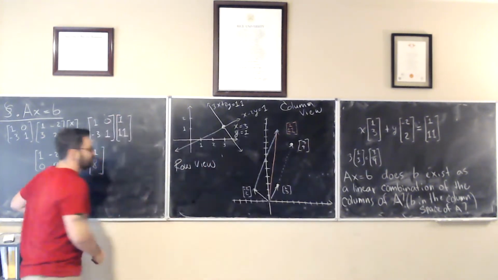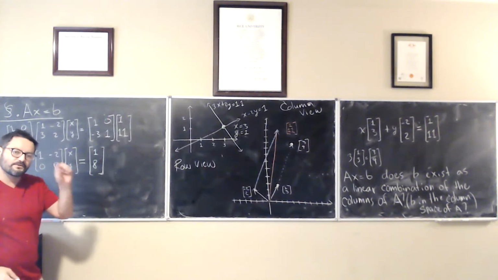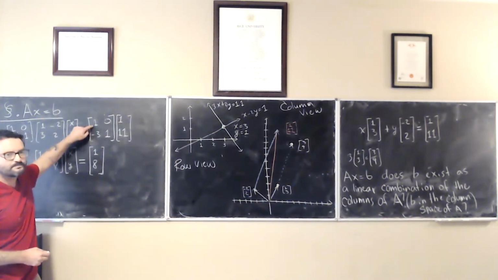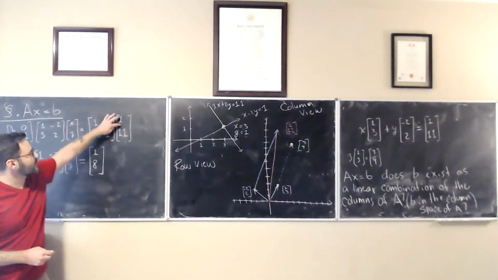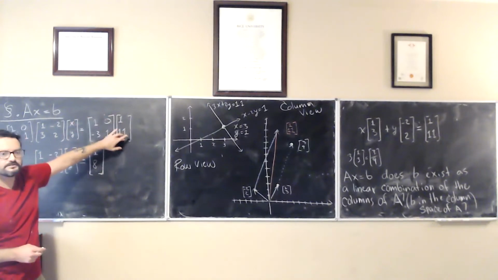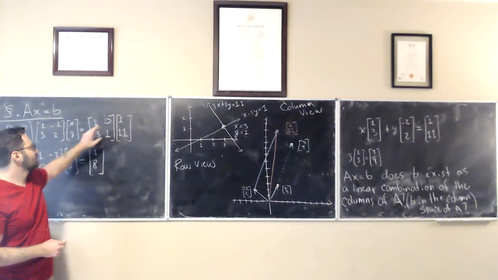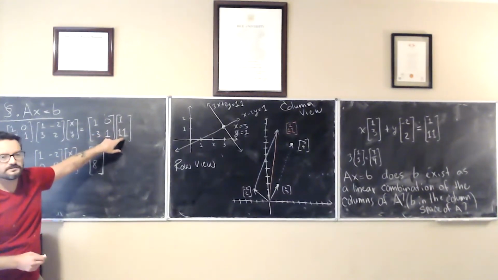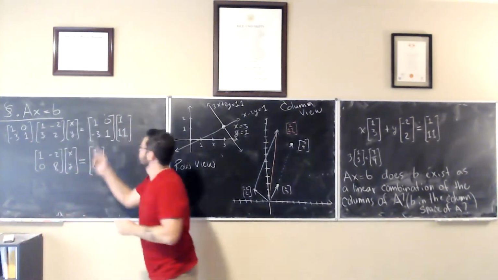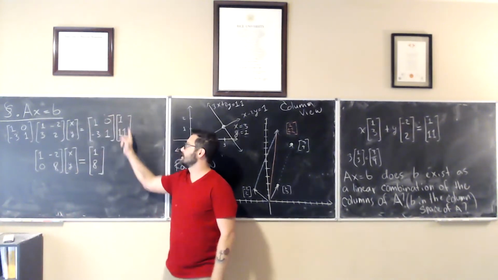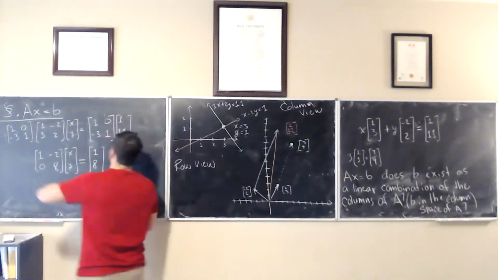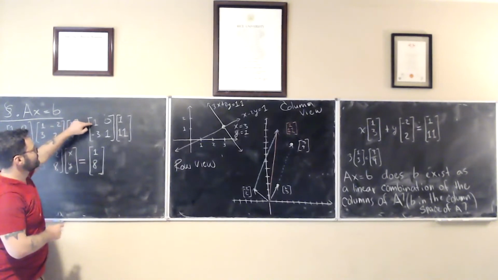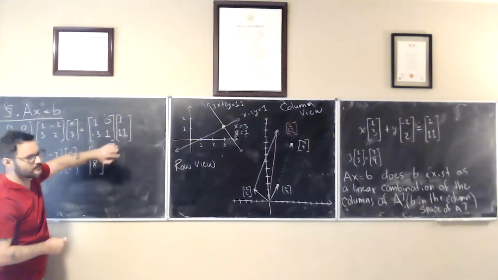But over here, the first thing I start with, the number, comes from here. So it's 1 of that row plus 0 of that row. -3 of that row plus 1 of that row. But if I'm over here, 1 of this column plus 11 of that column. 1 of this row plus 0 of that row.